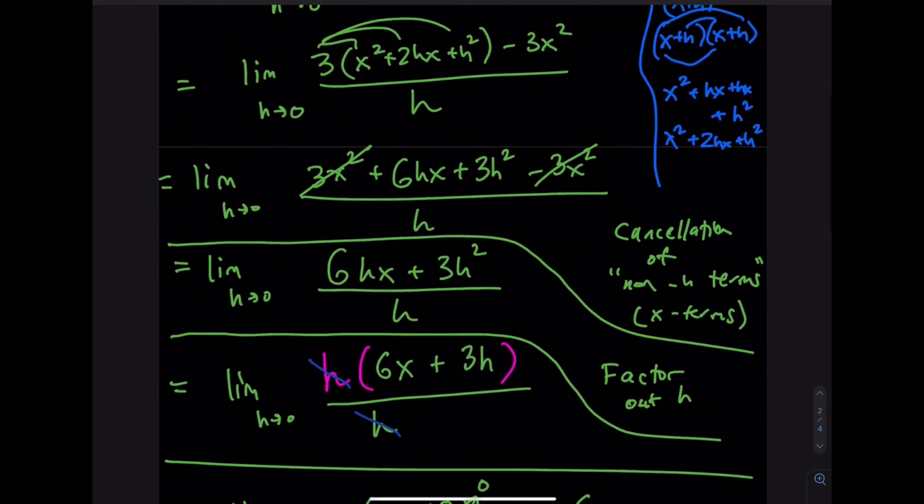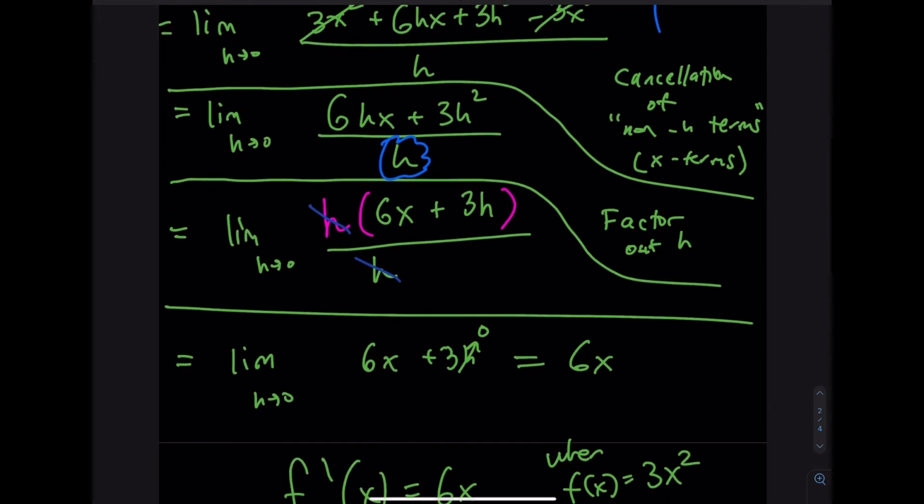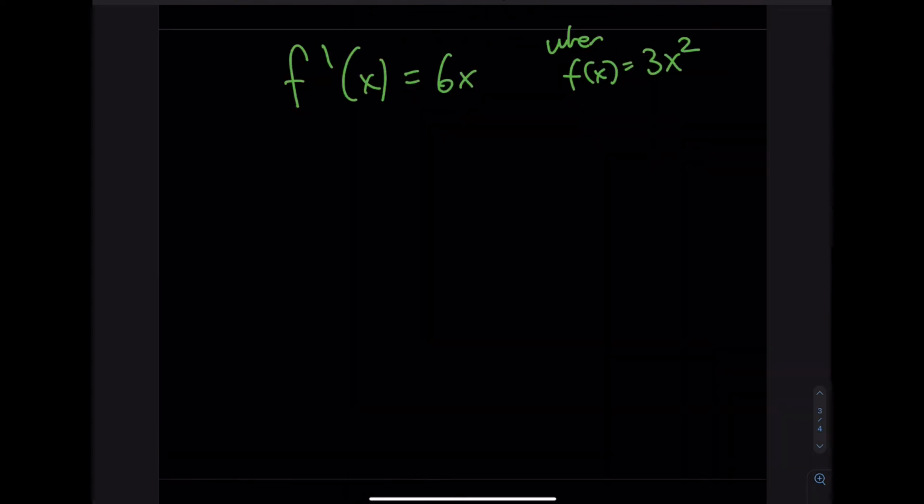Then we did some algebraic simplification. All of the terms that didn't have h in it canceled out. We were able to factor out an h to get rid of the h in the denominator, cancel it out with an h in the numerator. And then we can substitute in 0 for h because we're no longer dividing by it. And then we have our final answer.